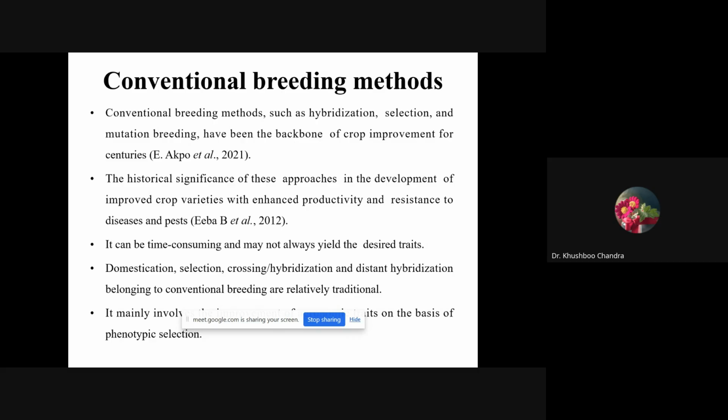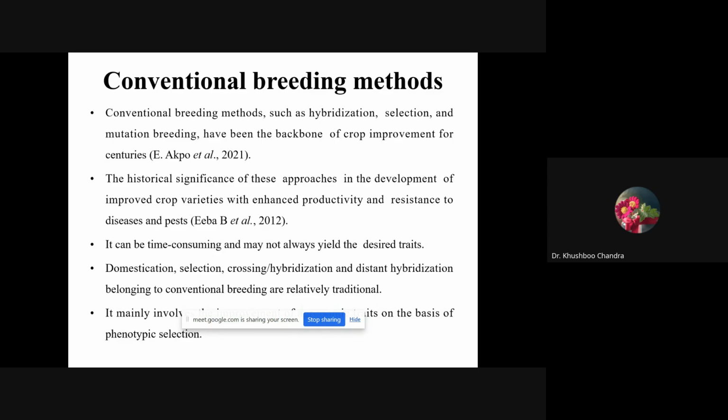We can also carry out hybridization and mutation breeding. These are some of the past traditional breeding methods which we follow. These methods mainly focus on the development or improvement of agronomic traits.